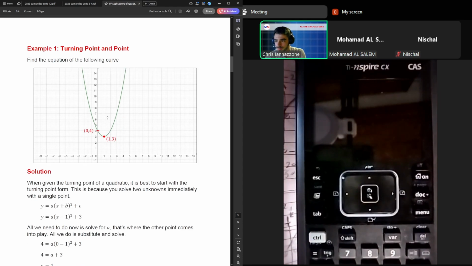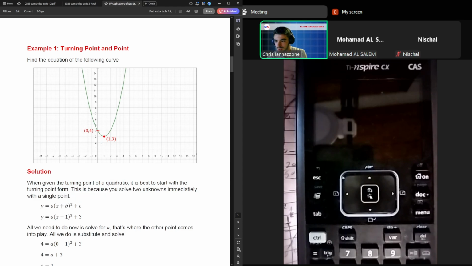You use different forms depending on what information you have. So in this example here, we're told the turning point on our graph and some other point on the graph. Turning point at 1, 3, and this one is our y-intercept. When you have the turning point of your equation, use the turning point form.